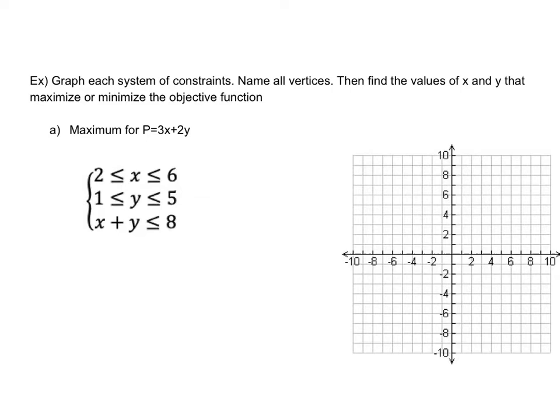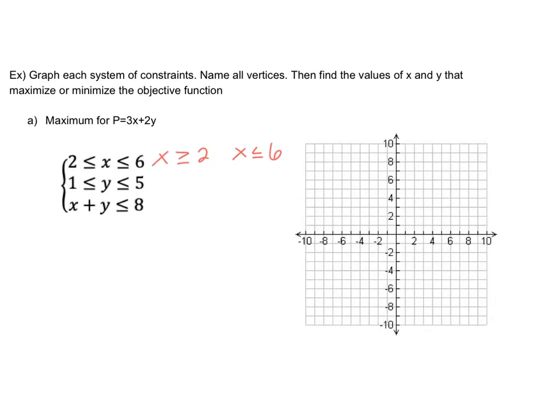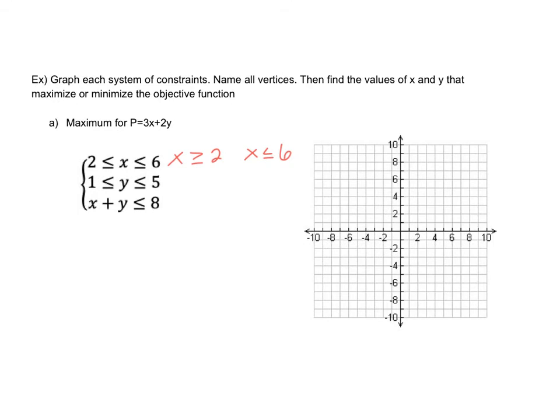If it helps you, remember you can break these up. This is really like 2 inequalities. This is like x is greater than or equal to 2, and x is less than or equal to 6. So let's graph those. We're not going to do all the shading, but just hold on. We would have x is greater than or equal to 2.